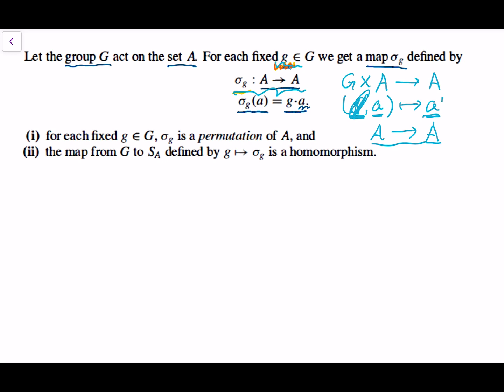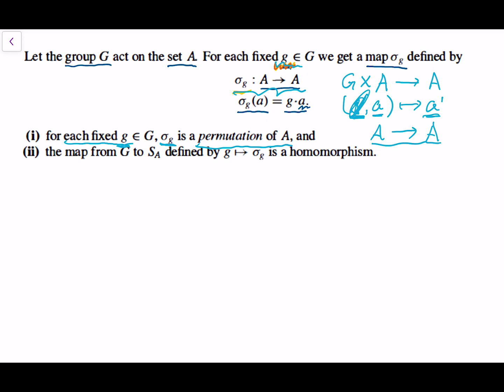Okay, and by considering this notation of group action, we will have the following two properties. The first property says that for each fixed group element g in capital G, sigma g, defined by this fixed element, is a permutation of the set capital A. This is why we use the notation sigma g when we define this map.